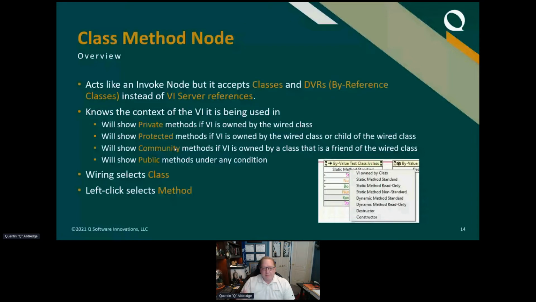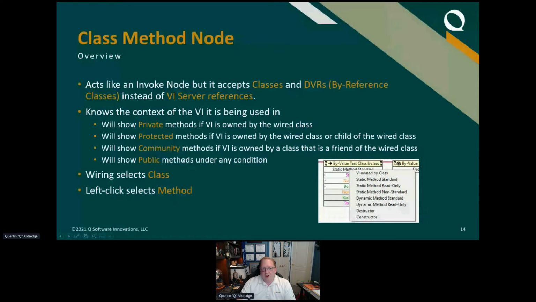Depending on where you drop that class method node, it knows if that VI is also owned by the class, or if it's owned by a class that is a friend of another class, all of that. So in the dropdown, it gives you only the methods that you should be allowed to call based on the context of where it's dropped.